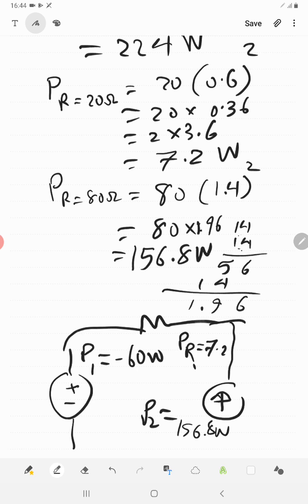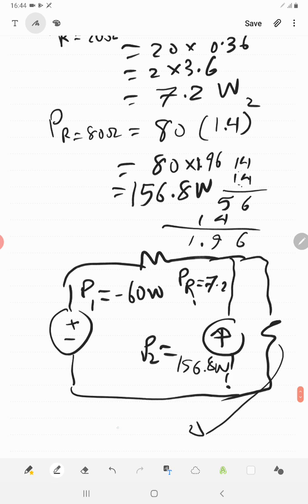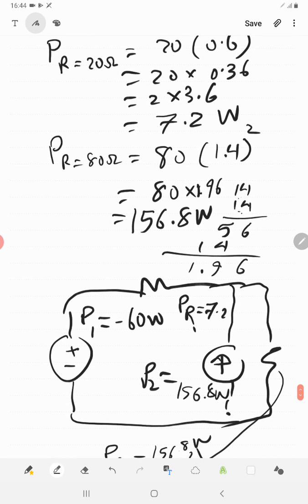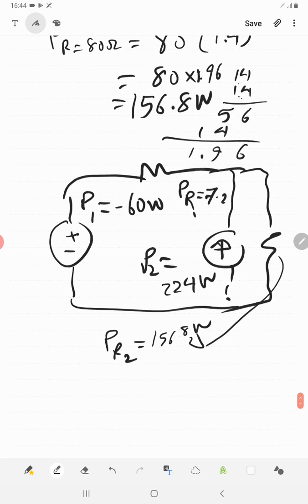And then the second resistor, R2, PR2 is equal to 156.8 watts. Then P2 is not 1, P2 is 224, so let's correct that. P2 is 224 watts.